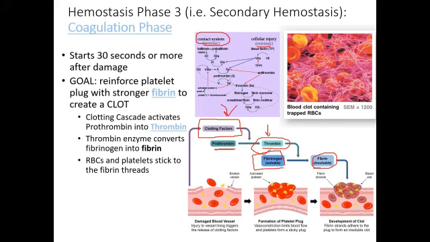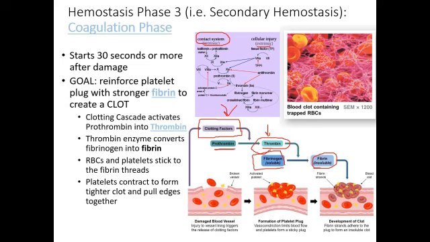Fibrin is what forms the mesh, forms the network to actually strengthen the platelet plug, right? So it secures red blood cells, white blood cells, platelets, all of these different things that we're trying to get out of the blood vessel. It secures them together and actually forms something that's hard and something that is insoluble. So even when you wash your wound later, the scab doesn't just pop out.